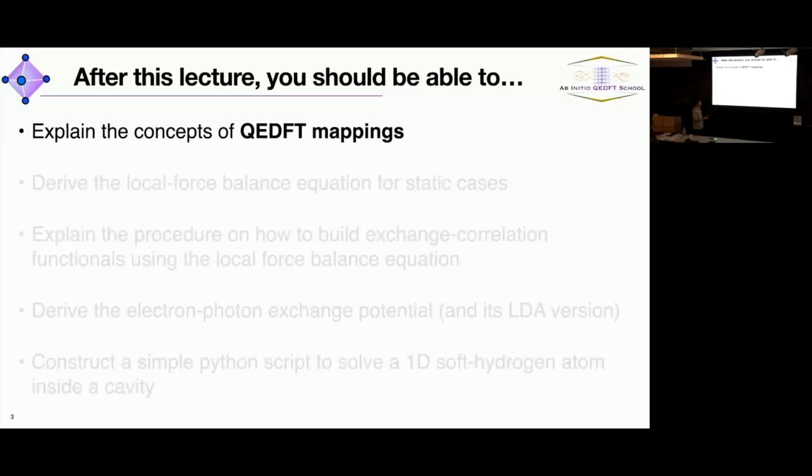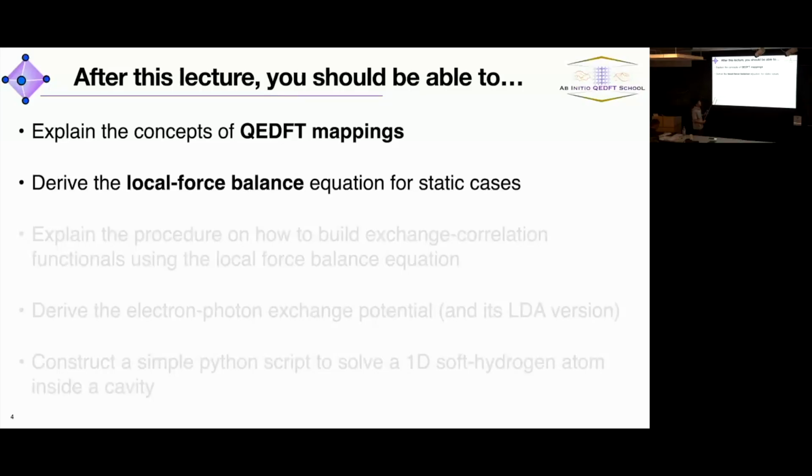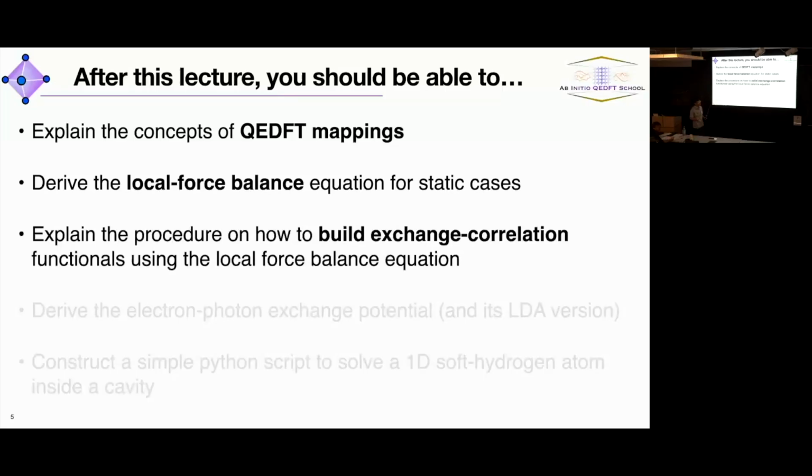After that, we are going to use a so-called local force balance equation to construct the exchange correlation functional, because this is the unknown part for solving QEDFT or DFT. After we introduce the local force balance equation, we are going to use that approach to construct the electron-photon exchange correlation potential.